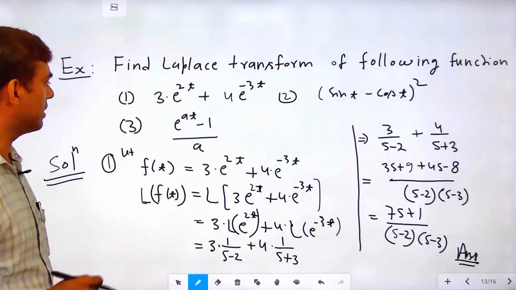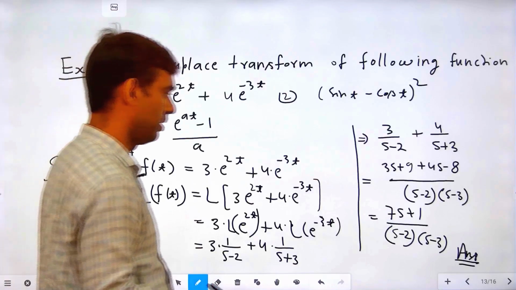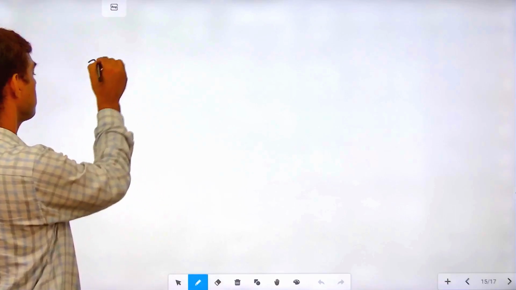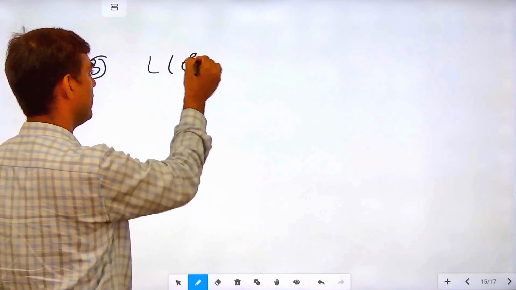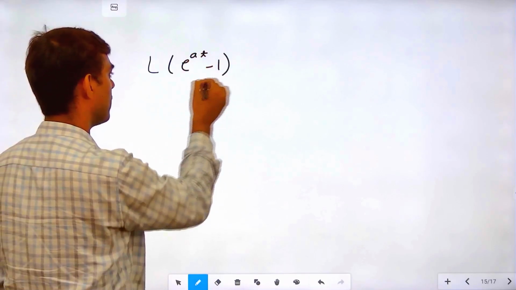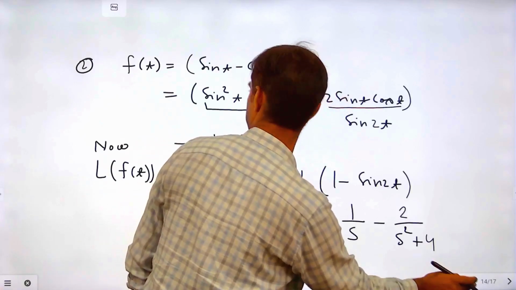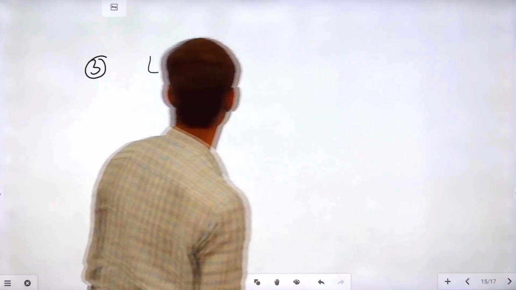Third question is the Laplace transform of e to power at minus 1 upon a. How do we find it?